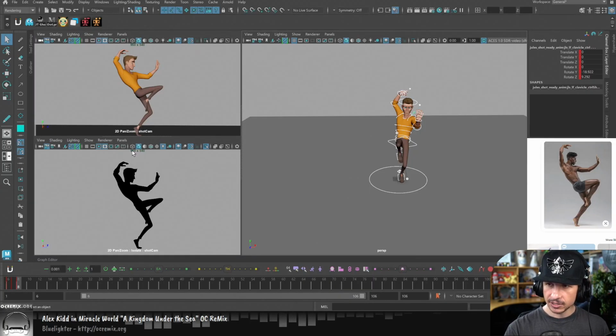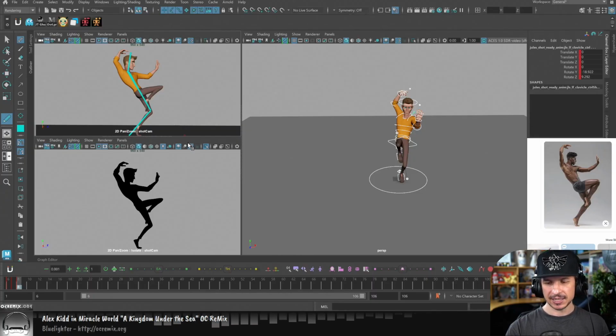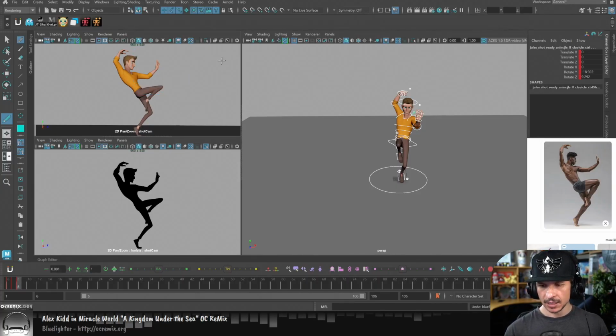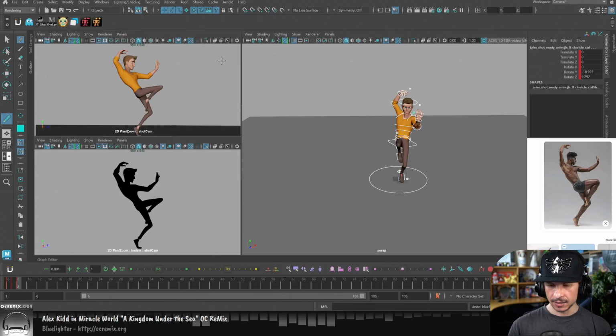We want that S curve to come through. Right now it's okay, but it feels kind of broken. It feels like I've got a straight line, straight line, straight line, more than I'm getting that nice whoop right in there. So I definitely want to push that a lot more.